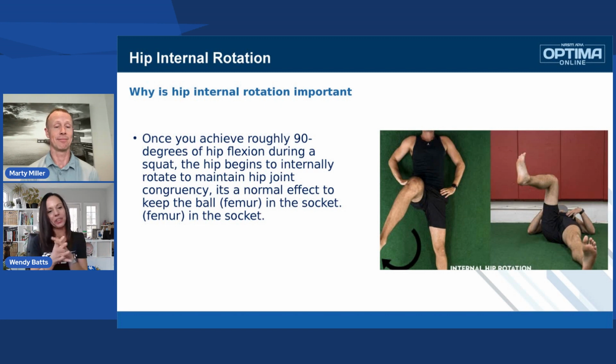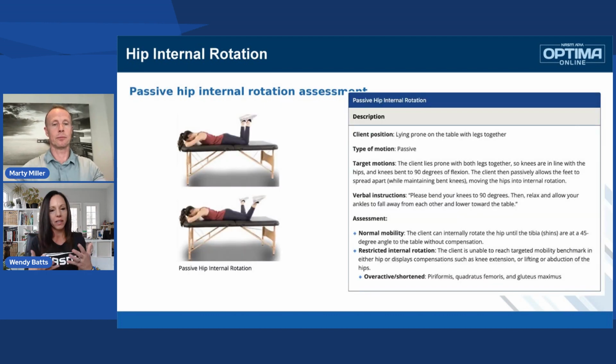That's super important. But when you're looking at these pictures and then when we go to the next slide and you think about assessing it, it's important to know where somebody is when you're looking at internal and external rotation. Ideally, you want someone to have approximately 45 degrees of hip internal and external rotation to be as ideal as possible.